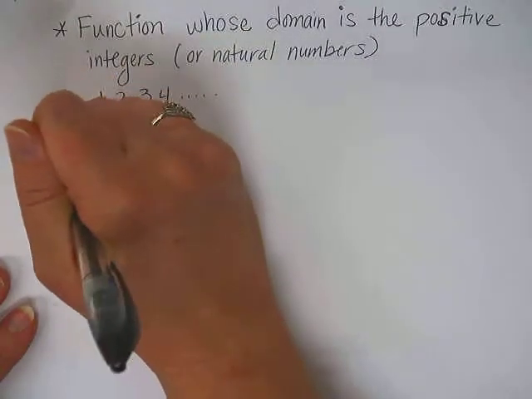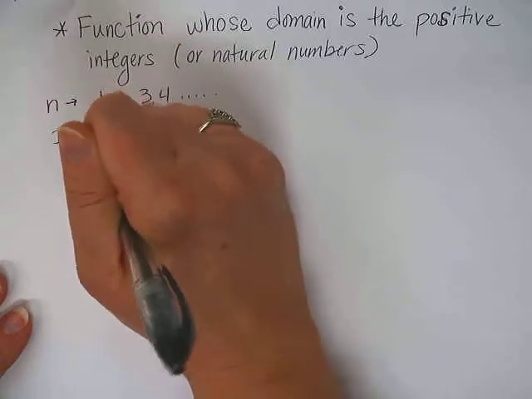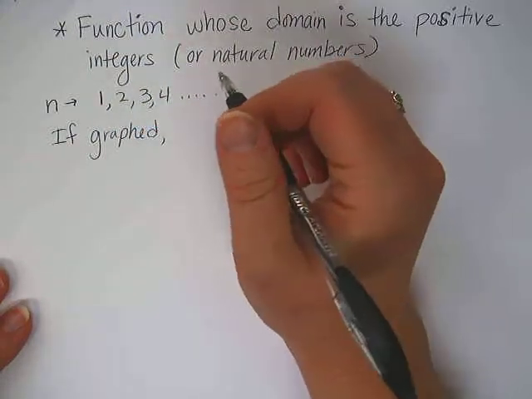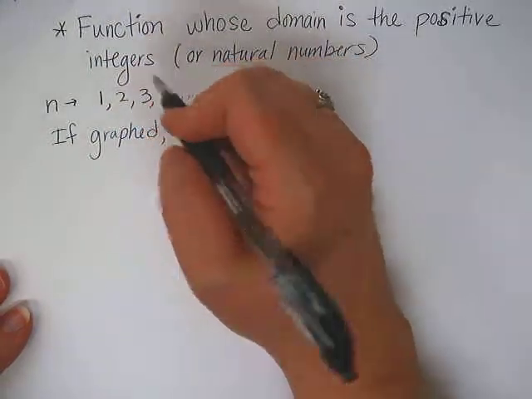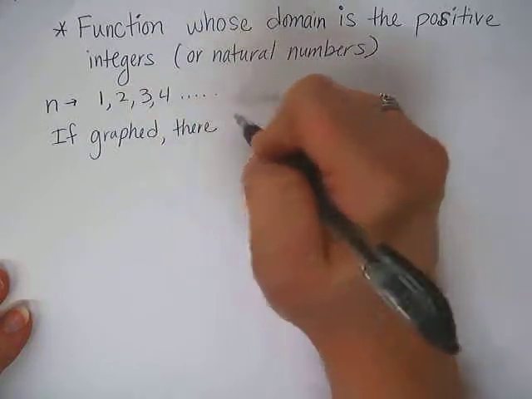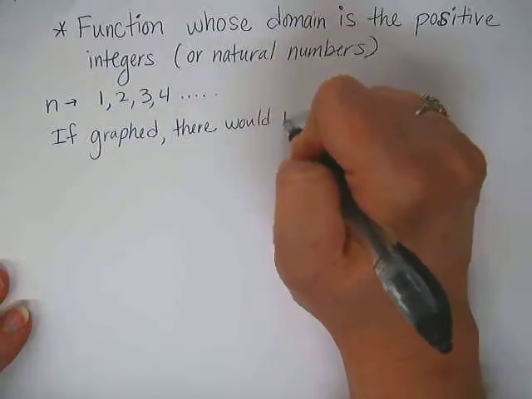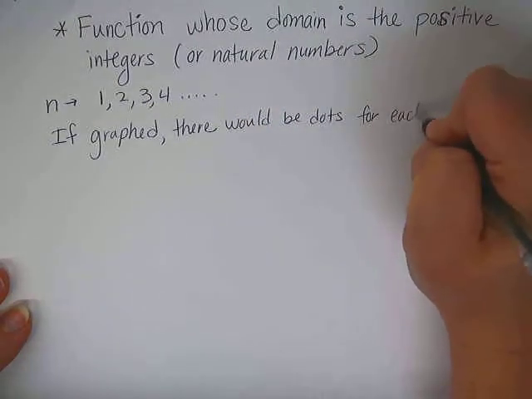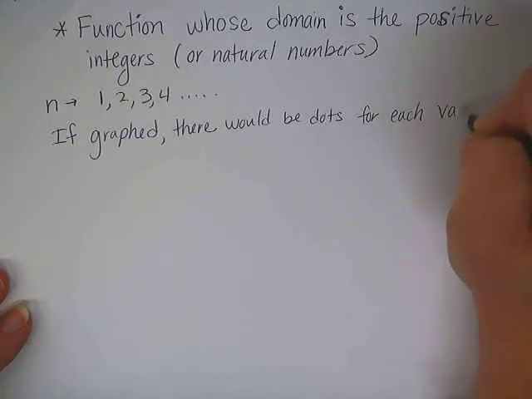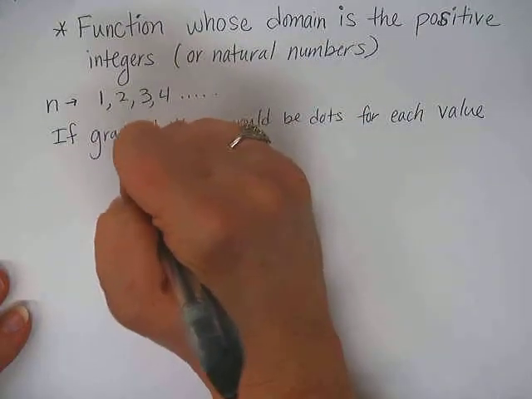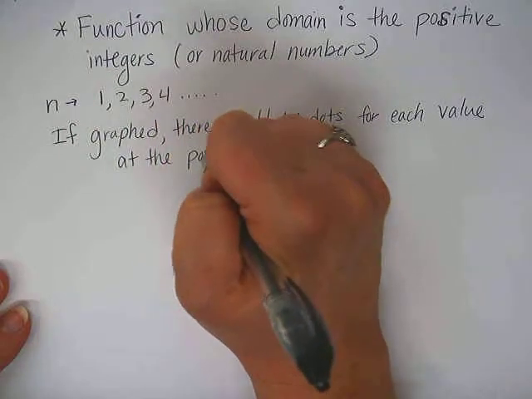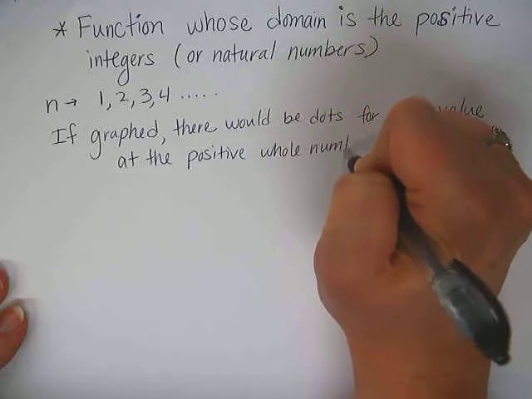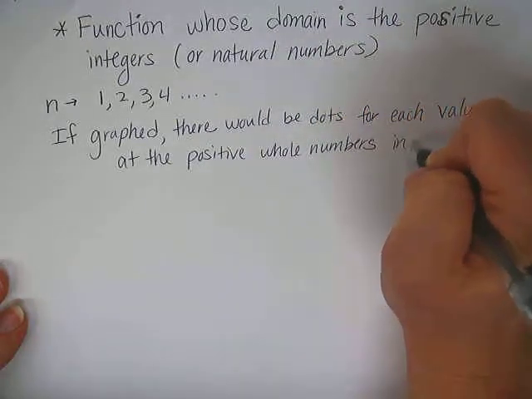Okay. If we were to graph sequences, which we're not really going to do, we would not have a nice continuous graph, but rather it would just be dots, for each value at the positive whole numbers, instead of a continuous line.